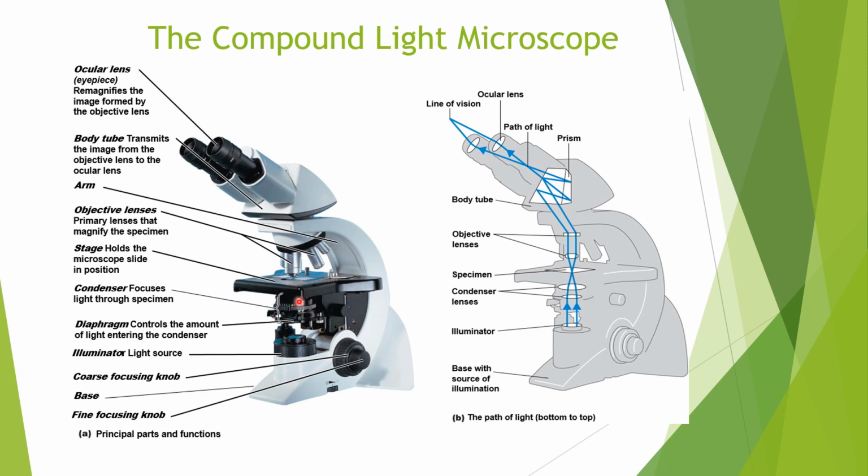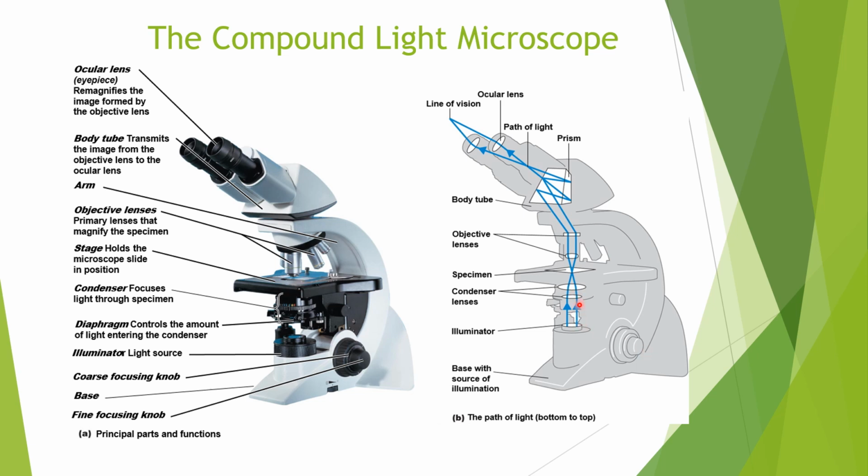Down here below the stage, you have the condenser, which is going to focus the light onto your specimen. And then there is the iris diaphragm, or you can just refer to it as the diaphragm, and this one controls the amount of light. It controls how much light you want to shine on your specimen, and then the condenser focuses it on your specimen.